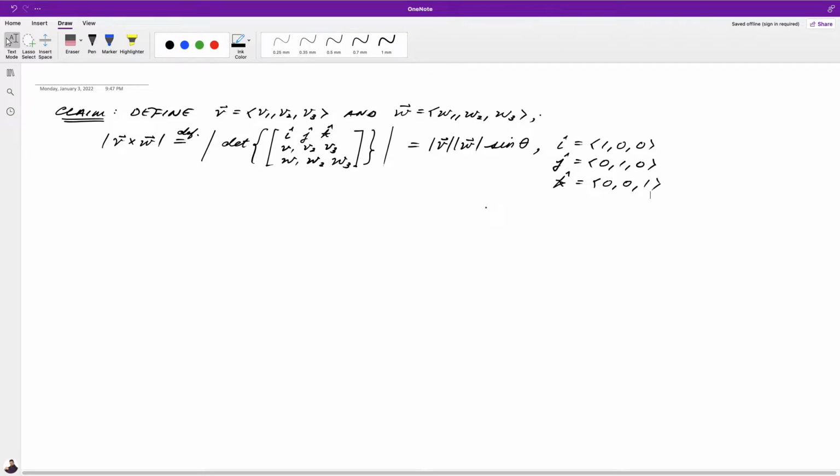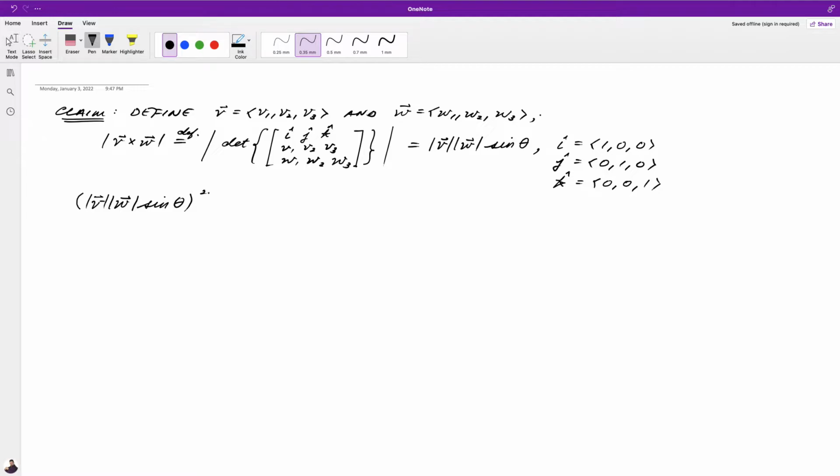So let's start by establishing the square of this side here, this alternative definition.